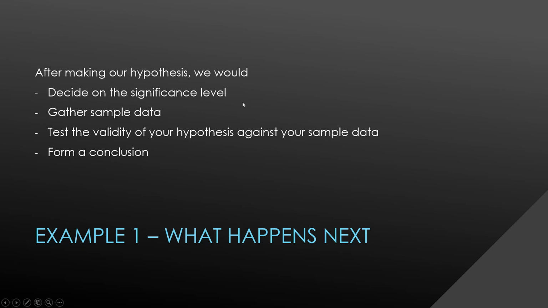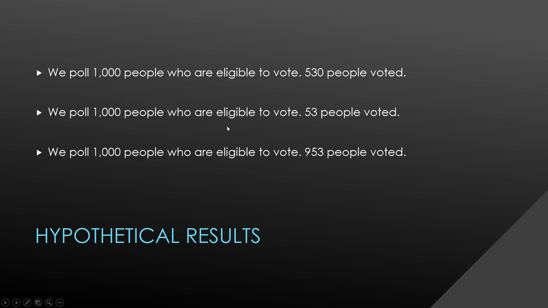How reliable or how big a deal do you need it to be in order to reject your hypothesis or not? Once you've decided on that, you'll get a sample, and then you will do a test. And we'll talk about that in a crazy amount of detail. And then finally, we'll form the conclusion. That's going to be our process start to finish.